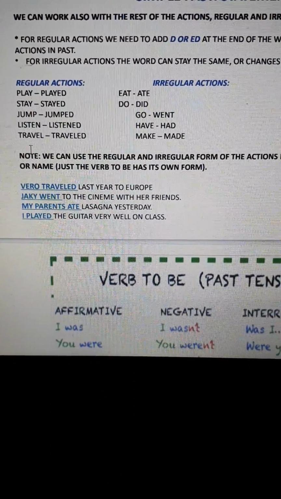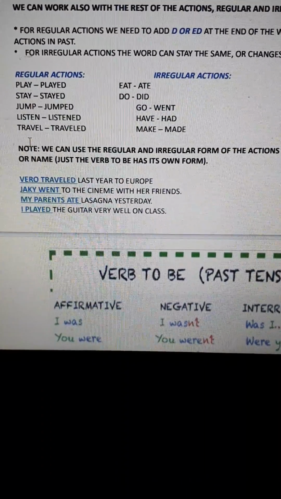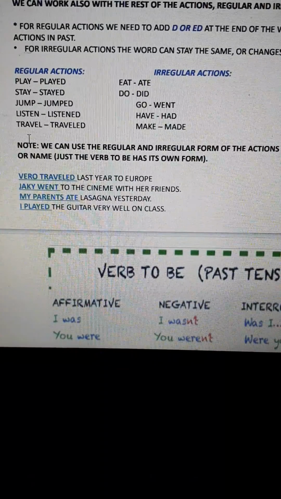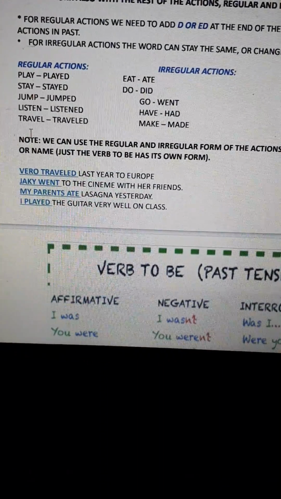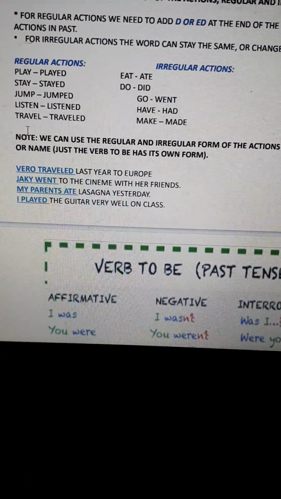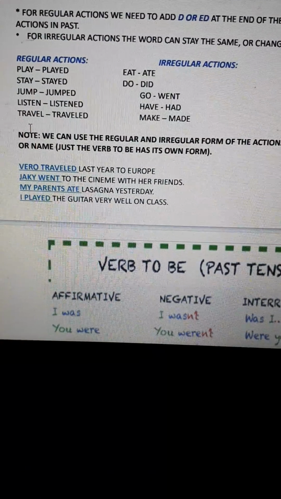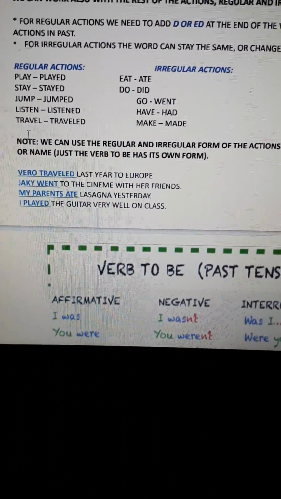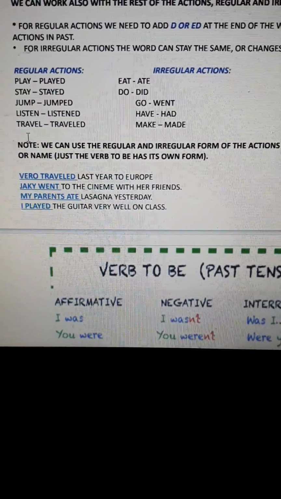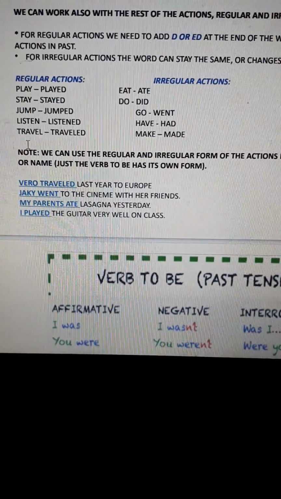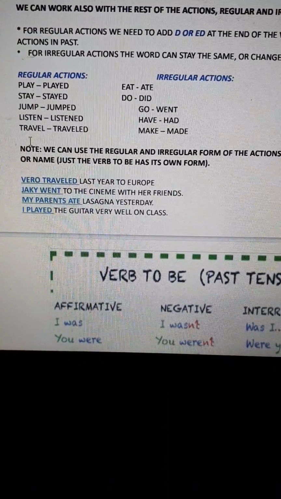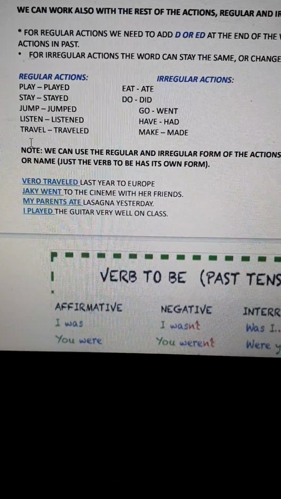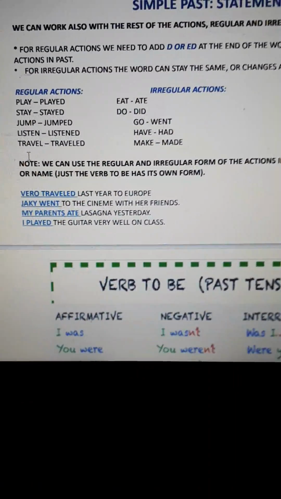Or maybe change one letter, like make, made, okay, instead of K, we use the D. Or maybe change the entire word, like go changes to went, okay, do changes to did, etc. Okay, so pay attention and remember what actions are regular and what are irregular.